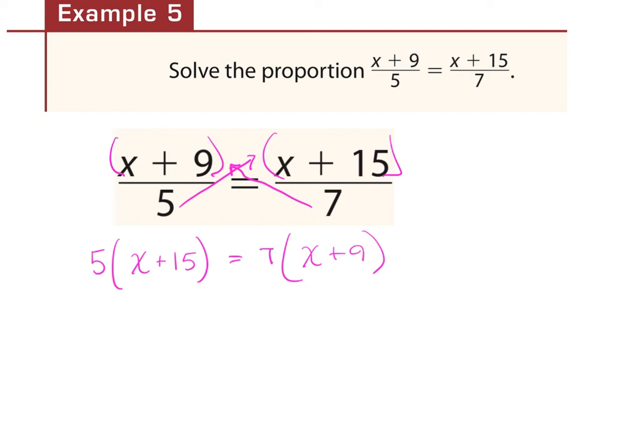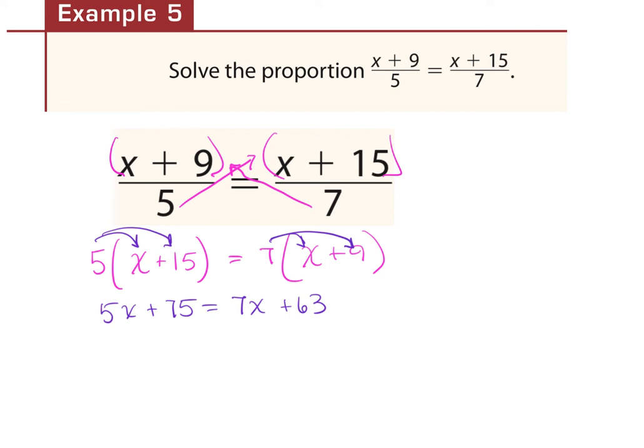What's my method to simplify those sides? Distribute 5 times x. That is 5x. 5 times 15. That is 75. 7 times x on the other side, 7x. 7 times 9, 63. Those are as simple as they get on either side.